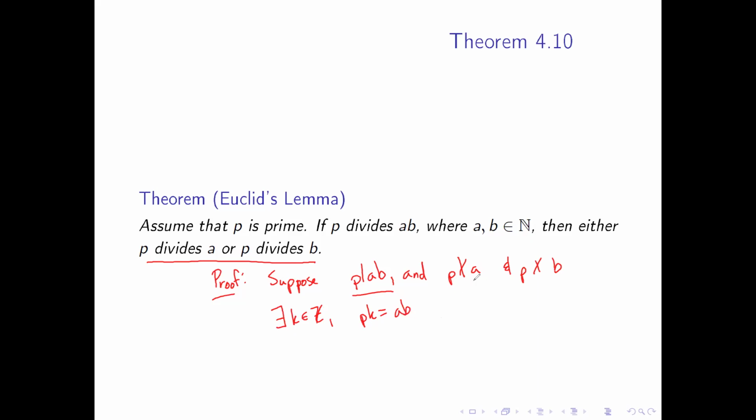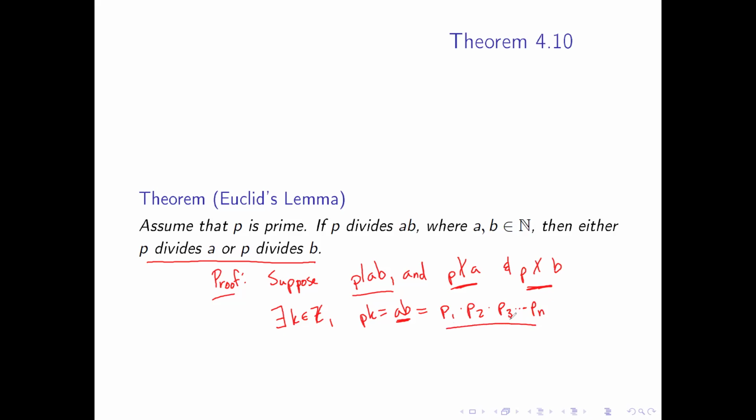Since we don't know anything else about a and b, and since p does not divide a and p does not divide b, then we have to know that, by definition, remember this is a natural number, so this can be written as p1 times p2 times p3 times pn, where these are a bunch of primes.